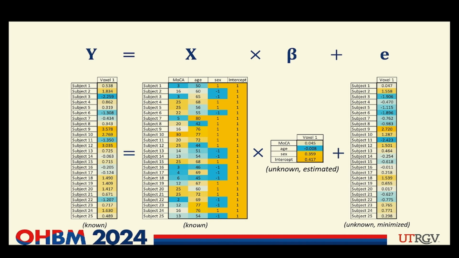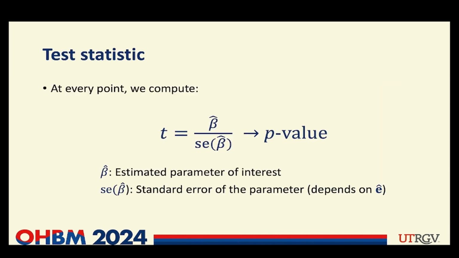We keep everything else unchanged, and we permute just this. Permute once, recalculate the t-statistic. Then do that again and again and again, and keep doing this until you find the distribution of the test statistics that you would have observed if there were no effect of the MoCA on your results. And then that leads you to obtain a p-value.